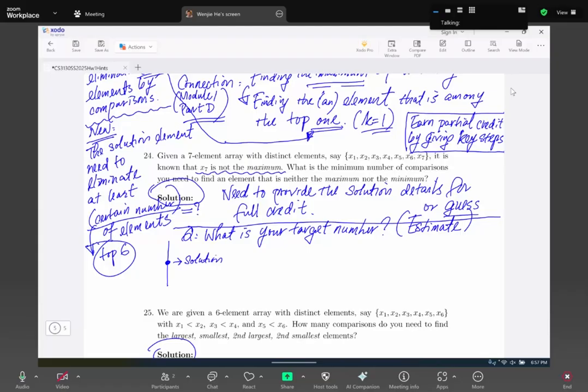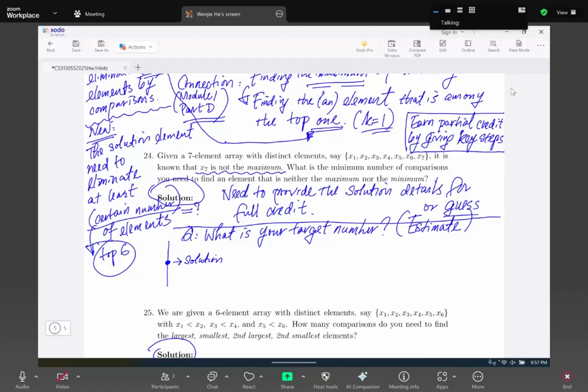First, this solution should satisfy two conditions. The first condition, it cannot be the maximum. That means there must be at least one element that is above this solution element. At least one element is higher.